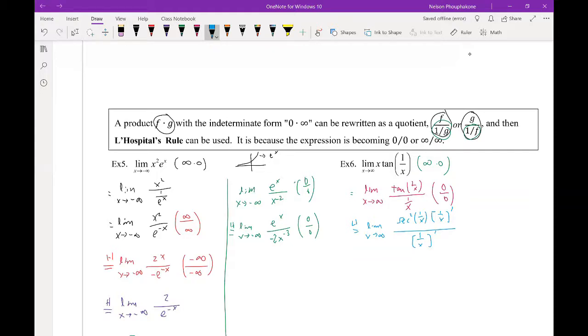And then you will see that these two cancel. So now I actually have the limit x approaching infinity of secant squared of 1 over x. Then, of course, we know that secant of 1 over infinity, which is 0, secant of 0 is 1, so 1 squared is 1.